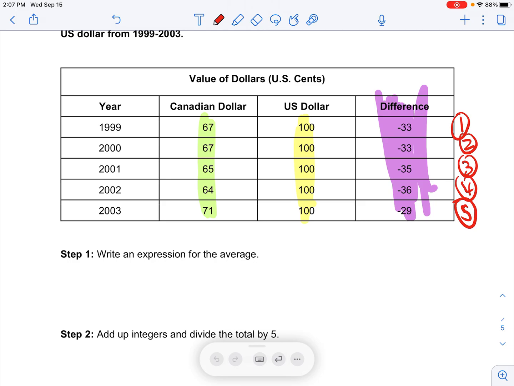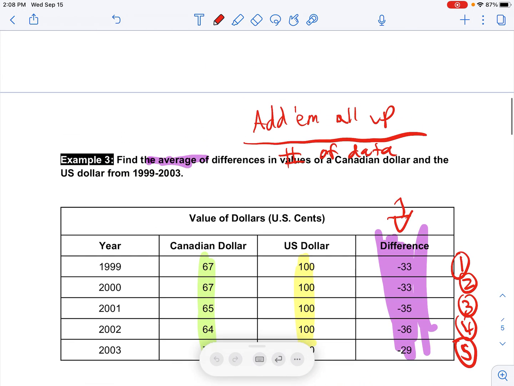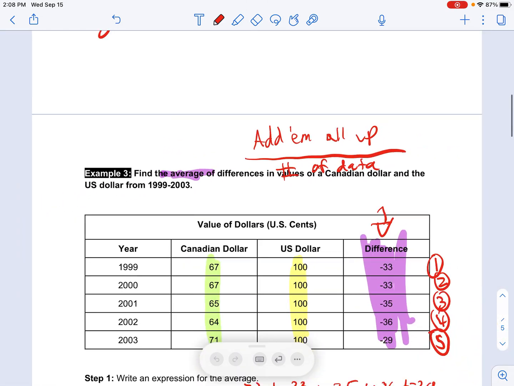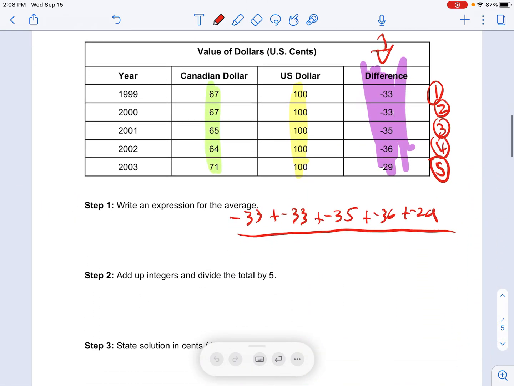I'm going to take the difference, so I'm looking at this column right here: negative 33 plus negative 33 plus negative 35 plus negative 36 plus negative 29. And I'm going to divide it, because that's my formula, add them all up and divide by the number of data. 1, 2, 3, 4, 5 pieces of data.